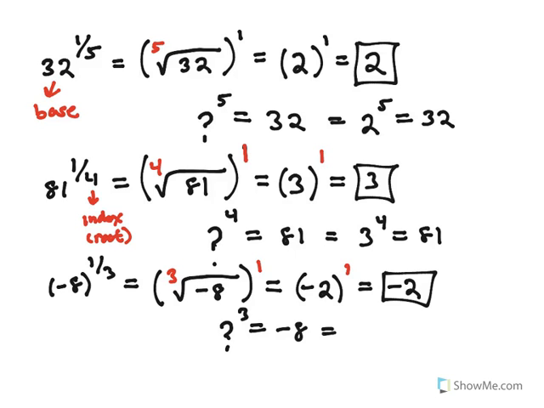And we're going to say, yep, it's going to be negative 2 raised to the third power. That's going to give me negative 8. So pretty simple. You can do that with any rational exponent.